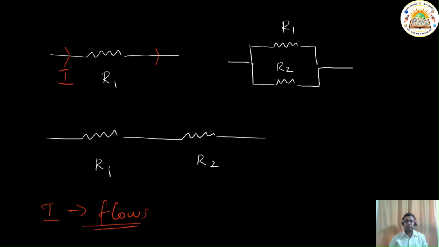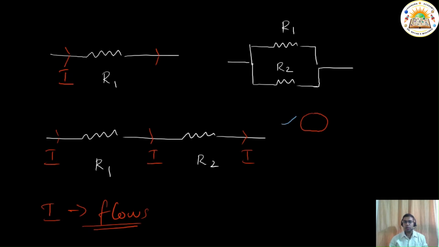Now when I look at the second diagram, this will be the current, passes through resistance R1, again comes out, passes through resistance R2, and again comes out. But if you look at the third one, it is like having a stone in the middle of a flowing river, so what happens?